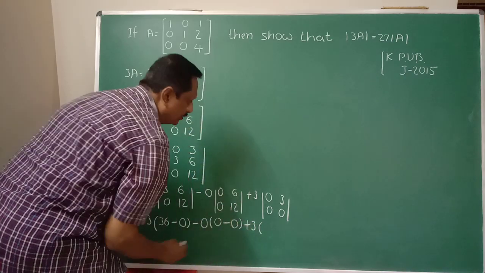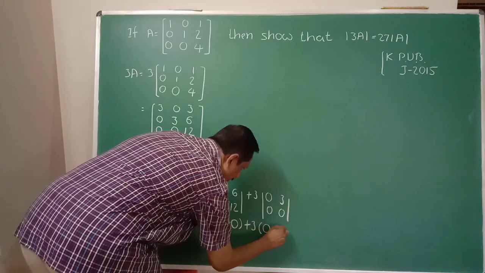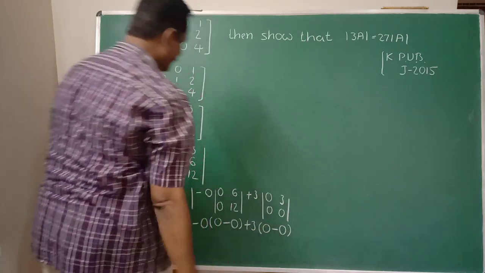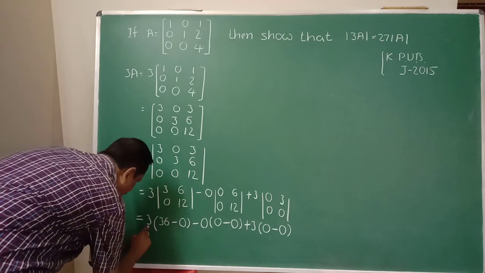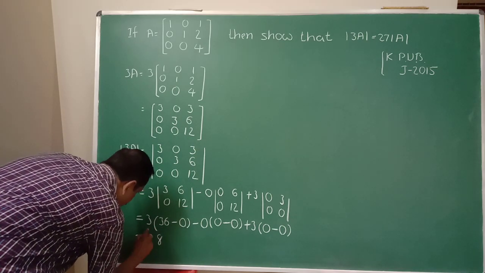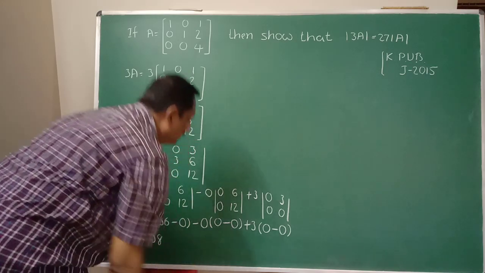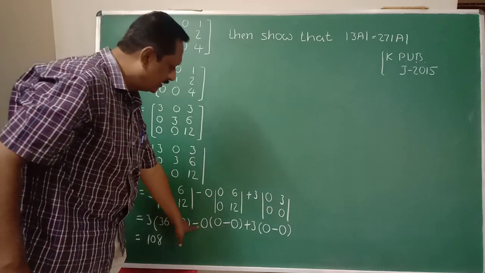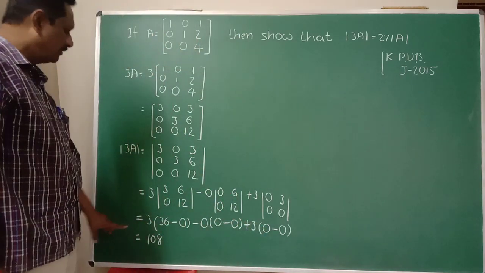Then 3 into 0 becomes 0, minus of 0 into 3 becomes 0. Therefore this is equal to 36 into 3, 108. This is 108 and the remaining 2 terms become 0. 0 into any term is 0. 3 into 0 becomes again 0. So it is 108.